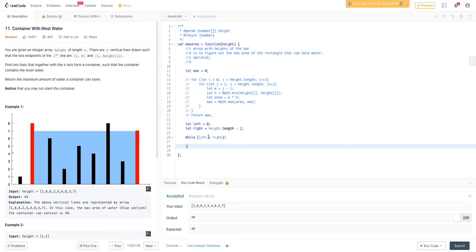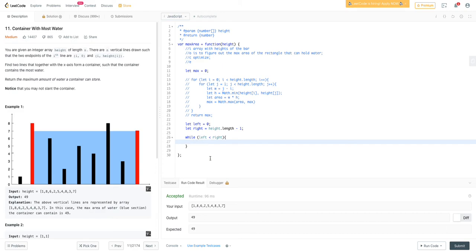If the left is bigger than the right, then we have gone too far, right? We would have crossed over to the other side. So we want to make sure that we only go through this loop while left is smaller than right.